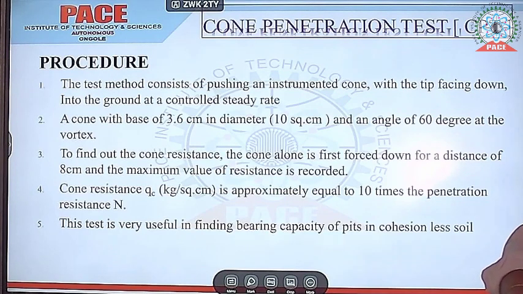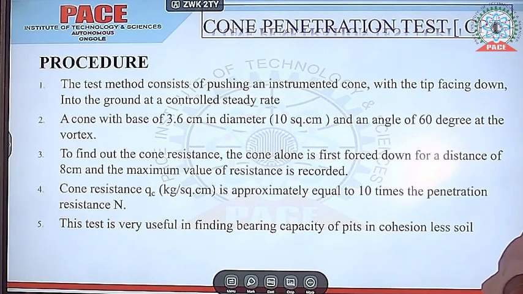A cone with a base of 3.6 centimeters in diameter and an angle of 60 degrees at the vertex. To find the cone resistance, the cone alone is pushed and the maximum value of resistance is recorded. The cone resistance qc in kg per cm square is approximately equal to 10 times the penetration resistance, that is the N value. This test is very useful in finding the bearing capacity of piles in cohesionless soils.